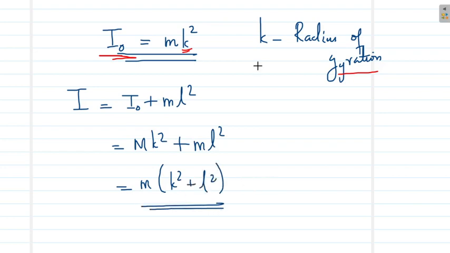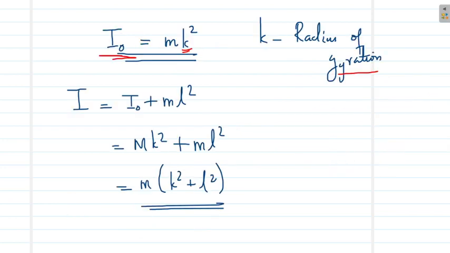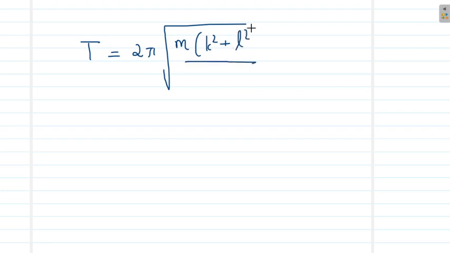Now substituting this back into the equation number 3, we can obtain T is equal to 2 pi into root of m into k square plus l square divided by mgl.